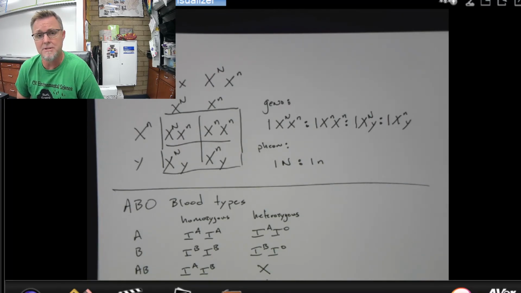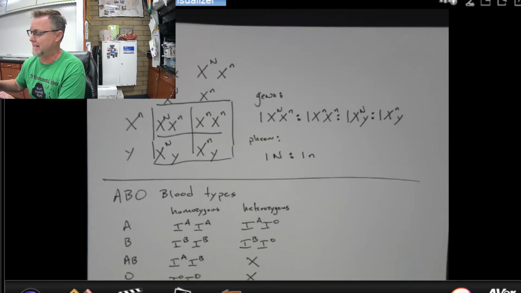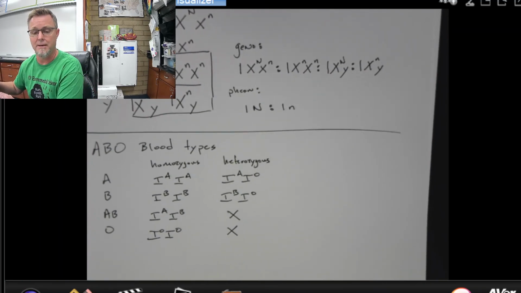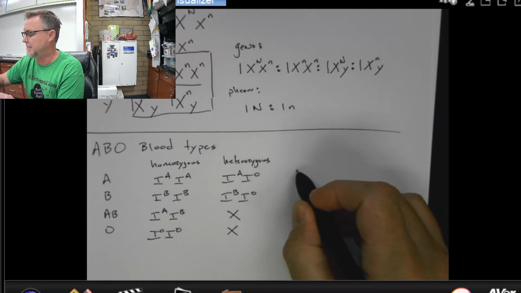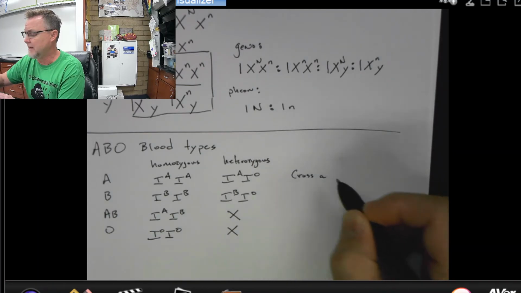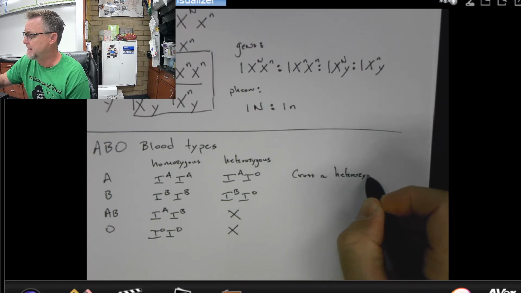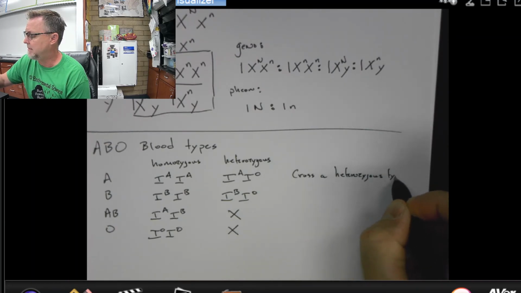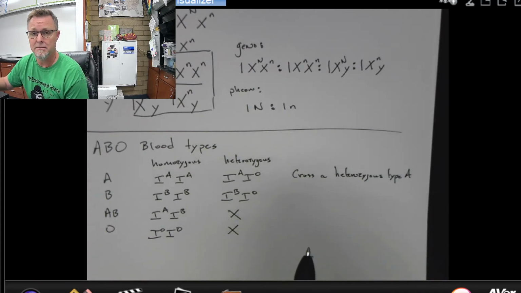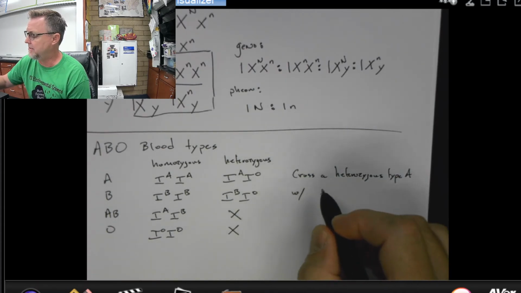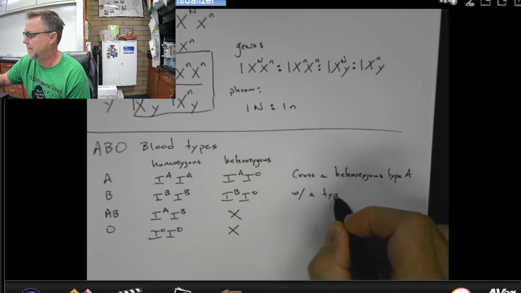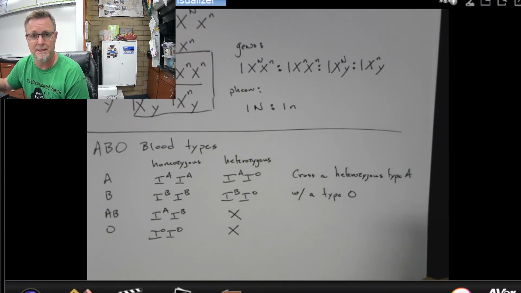All you have to do in order to do a cross using blood type is know this table and be able to crank out a Punnett square. Here's one last example in this video for your notes. I'm going to cross a heterozygous type A person with a type O blood typed person.